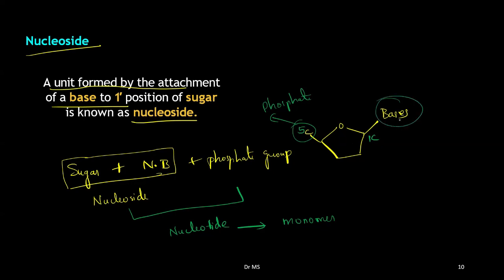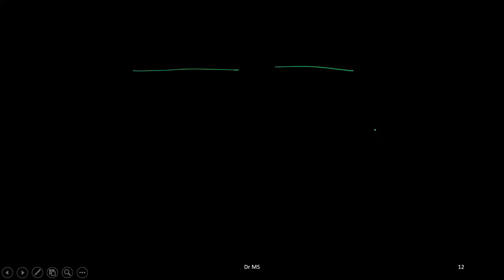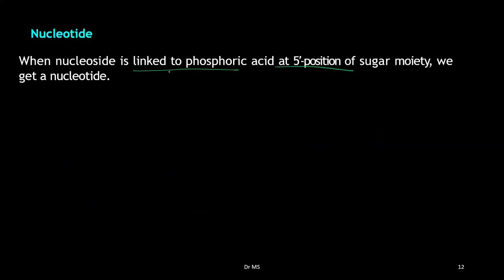If it is only the sugar plus base, we call it a nucleoside. If it is with the phosphate group as well, we call it a nucleotide. Notice that one thing. So the nucleoside is linked to the phosphoric acid at the fifth position of the sugar and it gets the nucleotide. So it will happen like this.